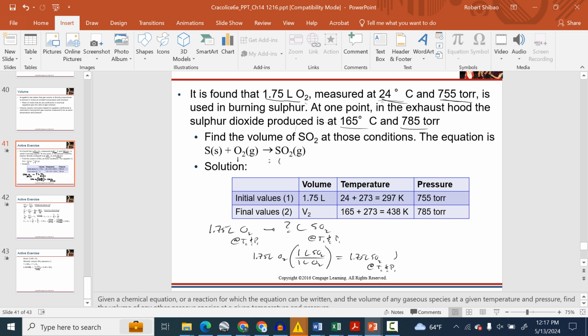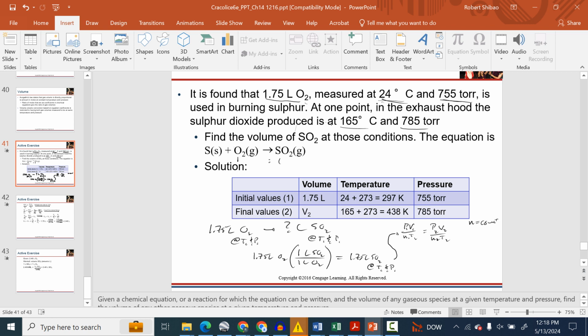Okay, then in the next step, they're going to change it to T2 and P2 by using the combined gas law. So P1V1 over N1T1 is equal to P2V2 over N2T2. Now N, the number of moles, doesn't change, and so N is constant.